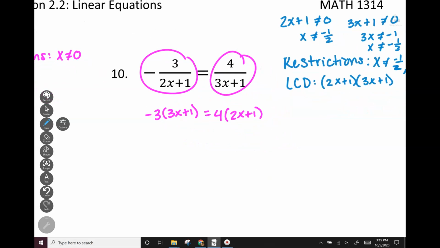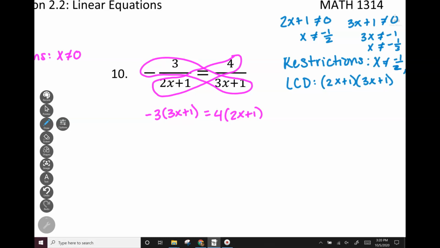So if the equation is just one fraction equals another fraction, then you can simply cross multiply. So you're going to multiply negative 3 times 3x plus 1 and 4 times 2x plus 1. And that's exactly what I have down here.